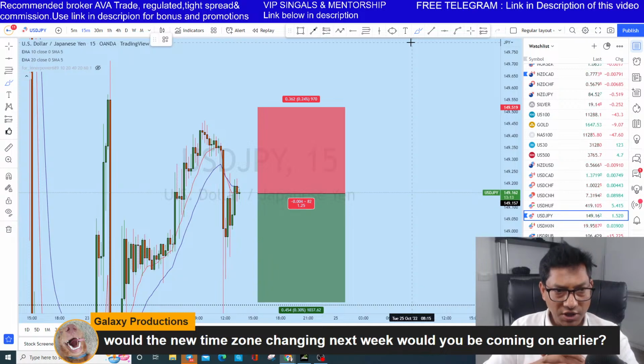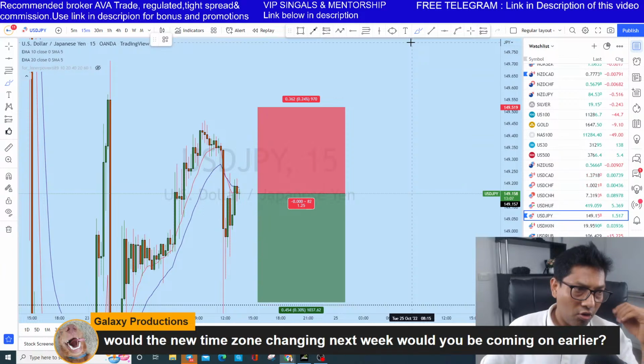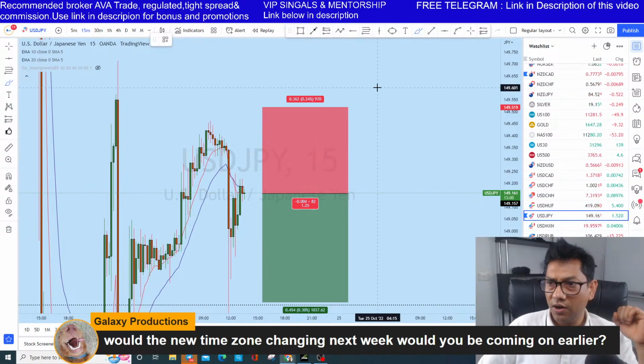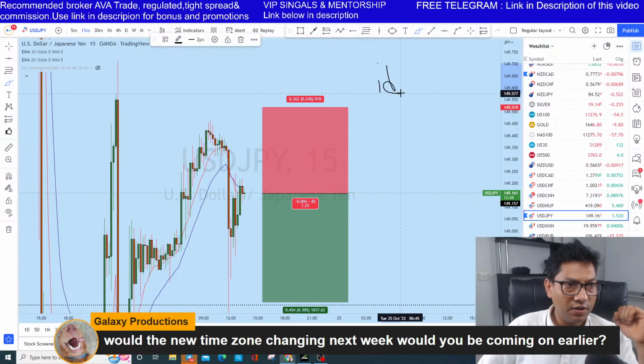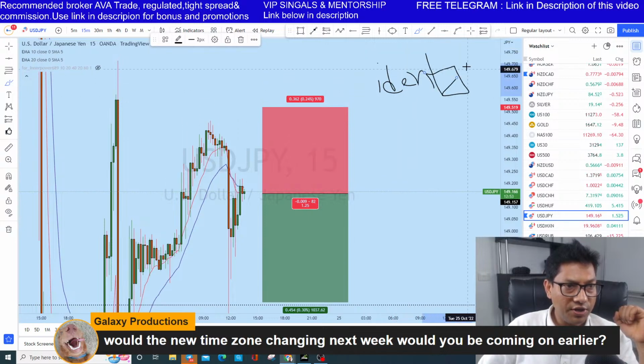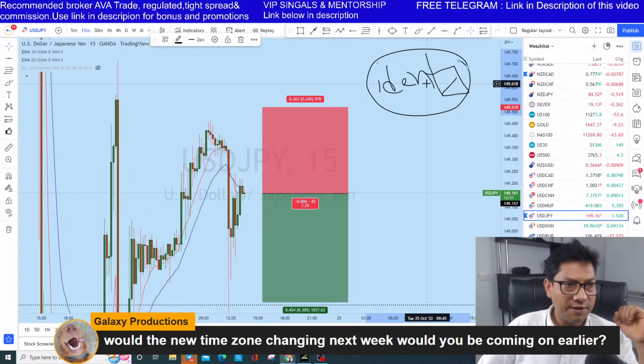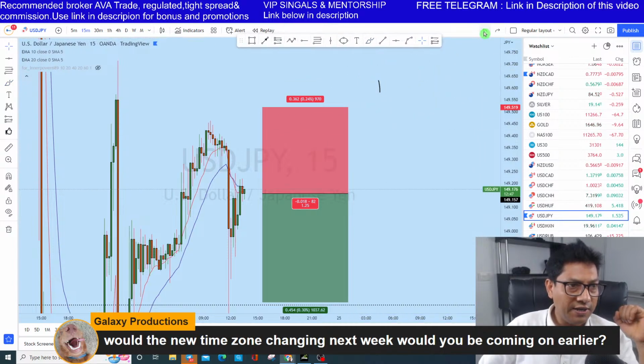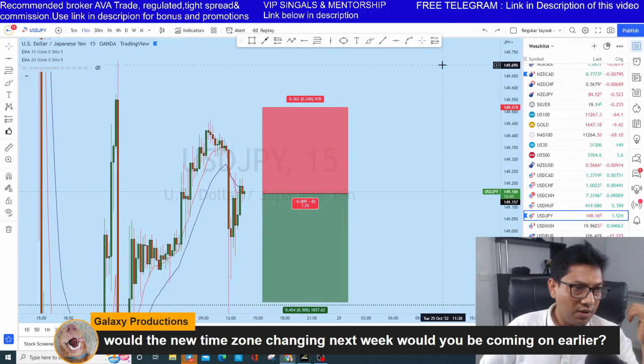So what is trading psychology? In fact, trading psychology is the identity of a trader. You have heard of the term identity shifting. In our life, we play different roles in different areas.